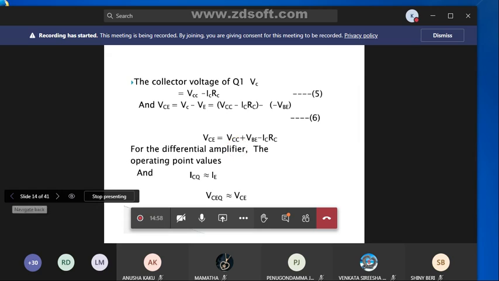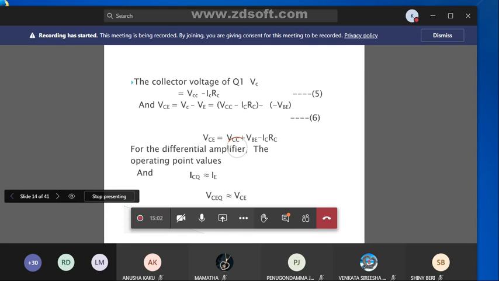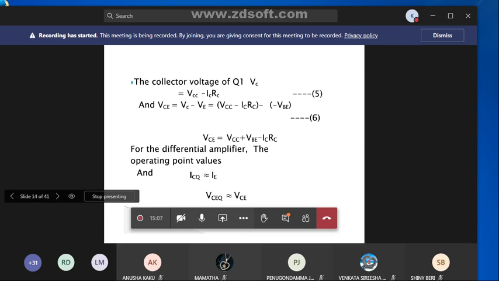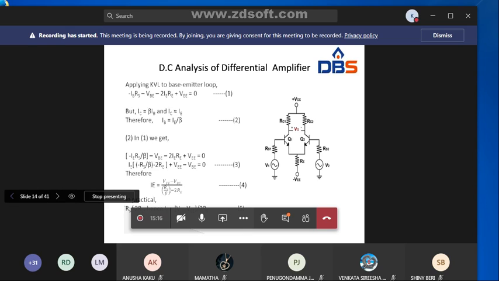So DC analysis means we have to calculate the collector current and the collector to emitter voltage, VCE. Here the collector voltage of Q1 is VC, which is equal to VCC minus IC RC. If you subtract the voltage drop across resistor RC1 from VCC, then you will get the collector voltage.